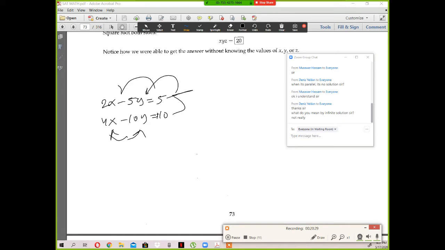This one represents a line and this one represents another line, and these two lines are the same line. Infinite number of solutions means an infinite number of intersections, because that line is on the other line.